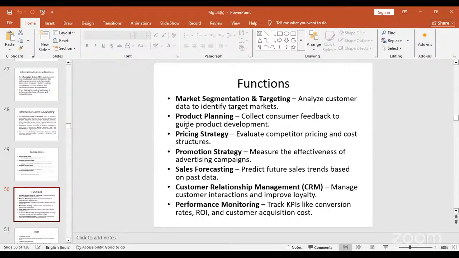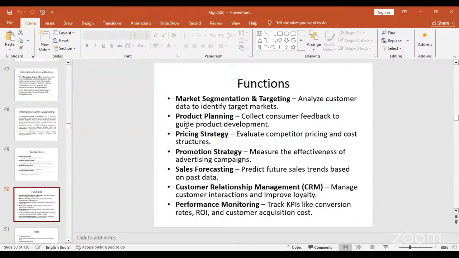Like if Amazon provides the required product at his price, then the customer will not go to Flipkart or Meesho, etc. So that is market segmentation and targeting.